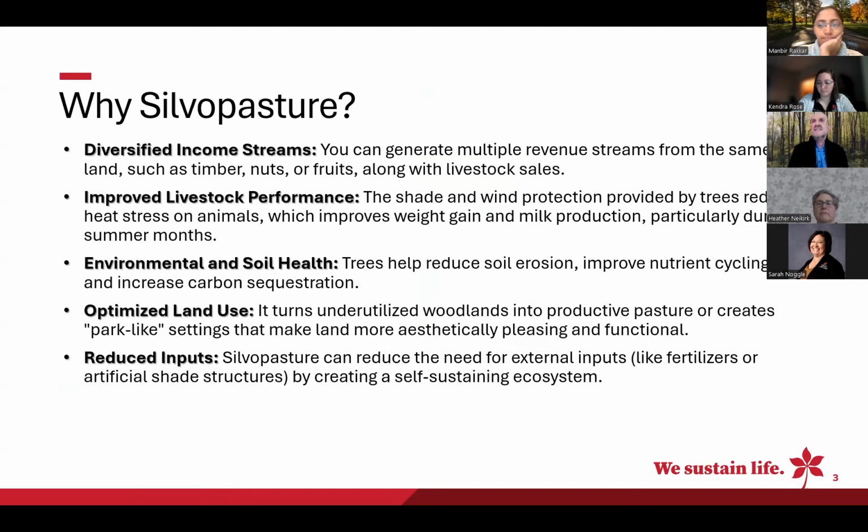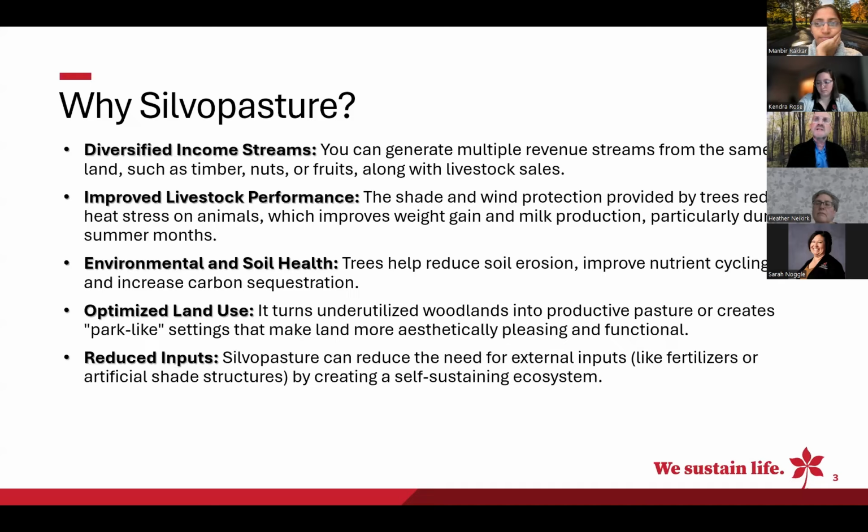And a lot of that is because a lot of the livestock, as a result of the shaded conditions, are under less stress. The trees also help to reduce soil erosion. It improves recycling of nutrients and increases carbon sequestration.